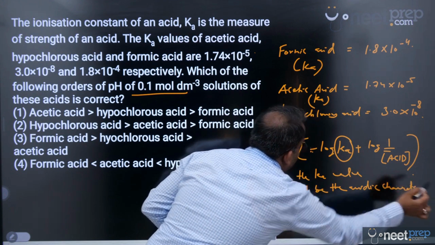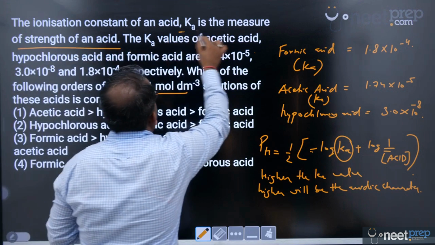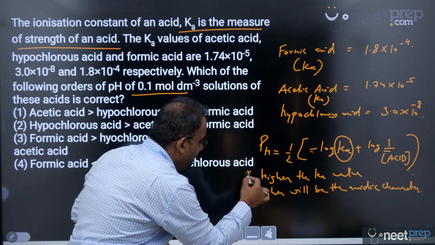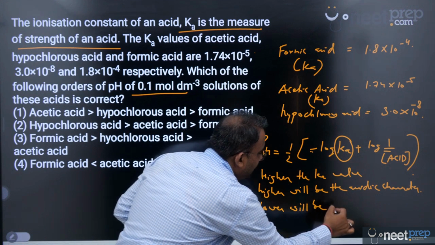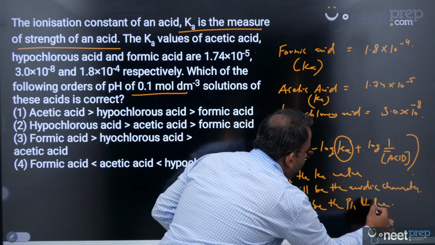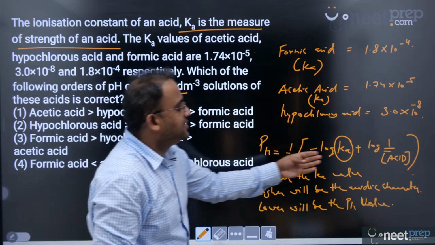It has also been mentioned in this problem that K is the measure of acidic strength. You can use this point as well here. The lower will be the pH value, and all this holds true when concentration is the same.